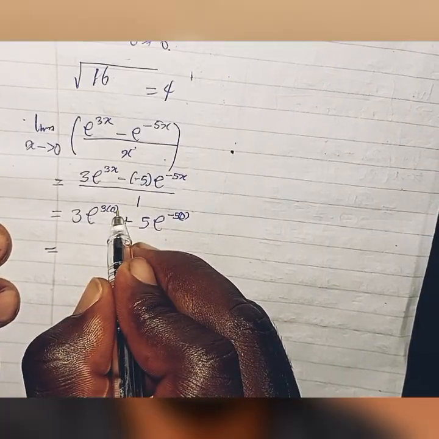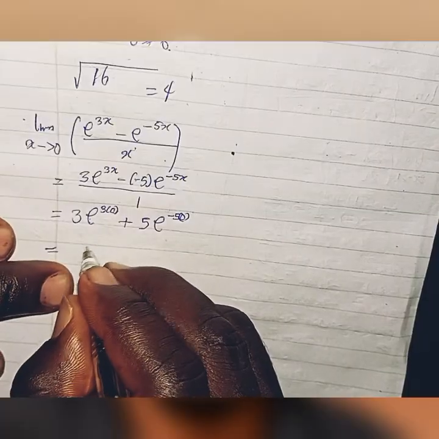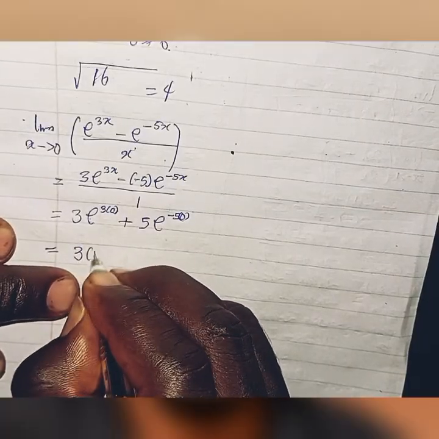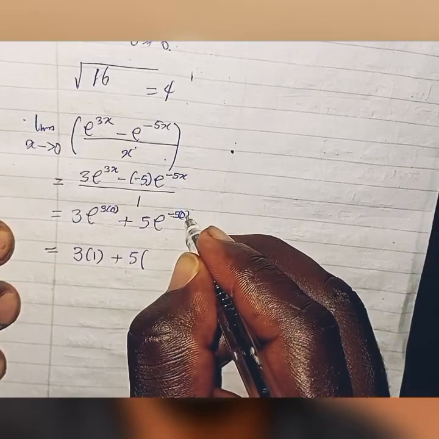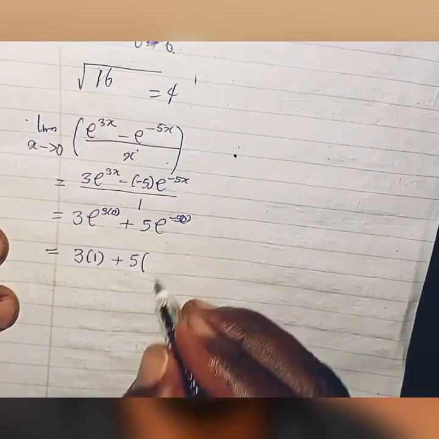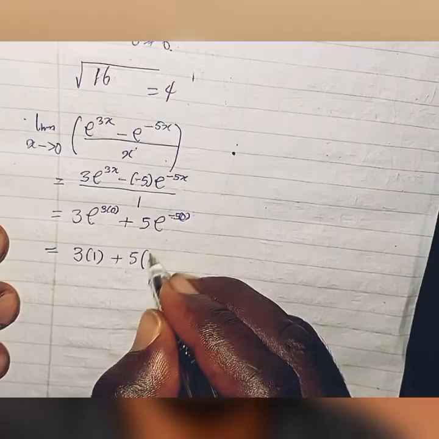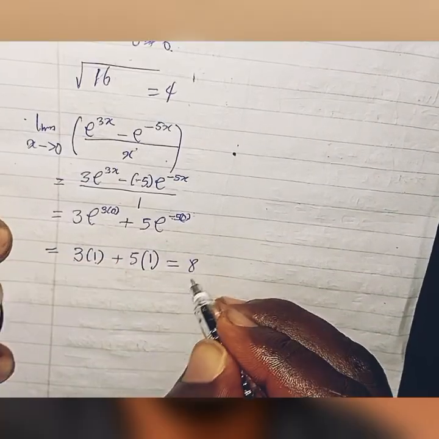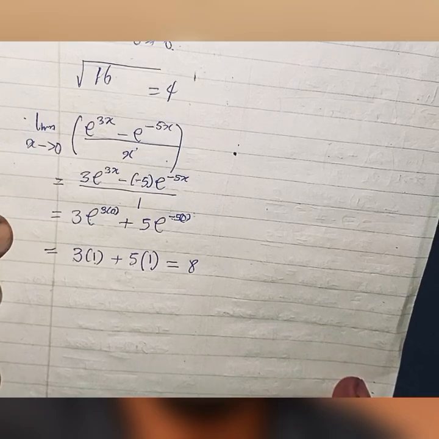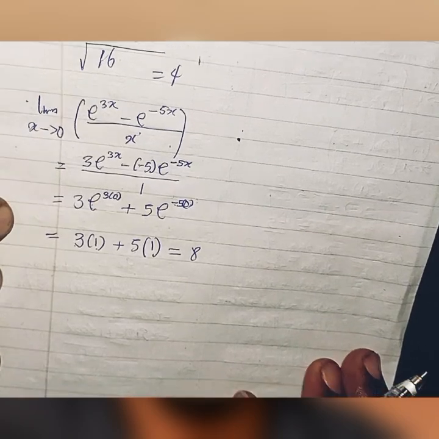So that will be exponential 0, and exponential 0 is the same thing as 1. So you have 3 times 1 plus 5 times 1, so we have 8. So this is how to solve a question on exponential.